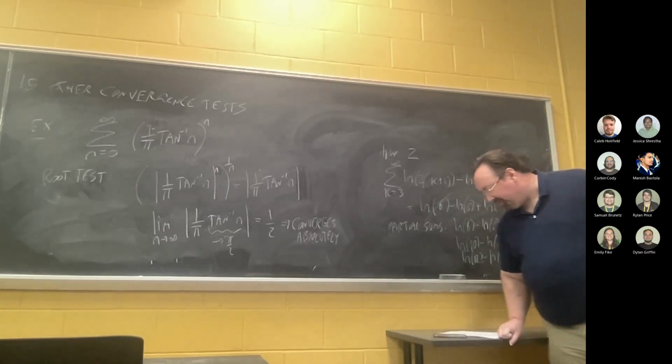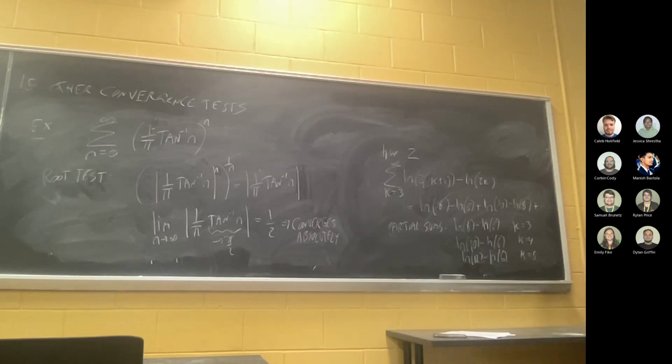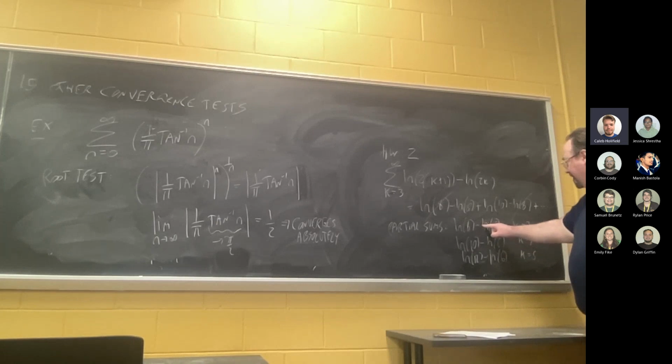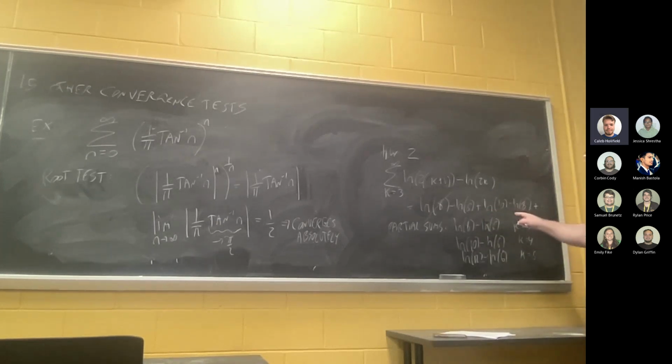There's still a little time. Are there any other homework questions? Professor, on the second line, is that equals ln of 8 minus ln of 6? That's what this says, yes.